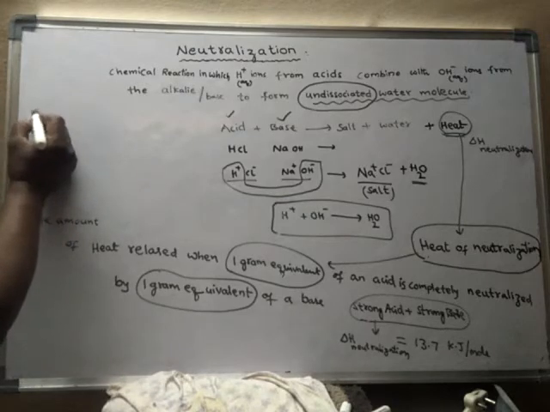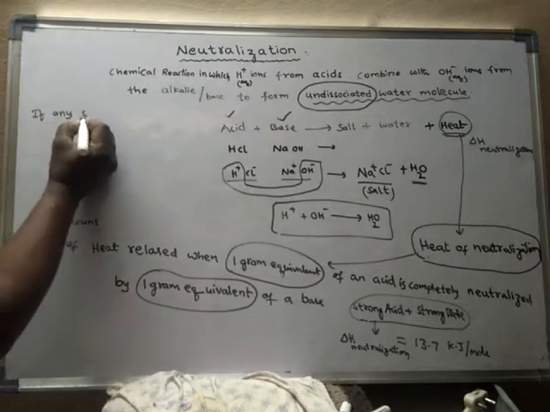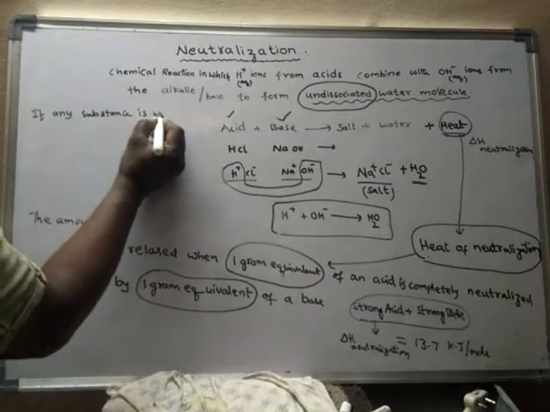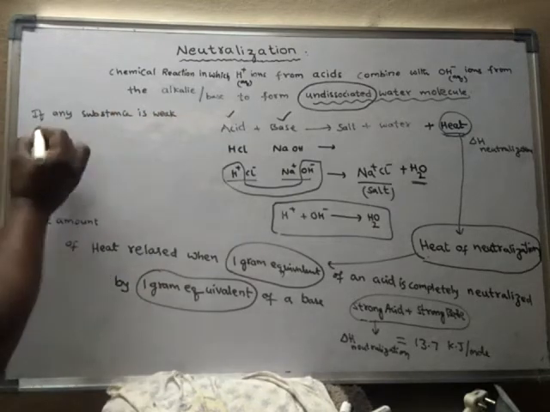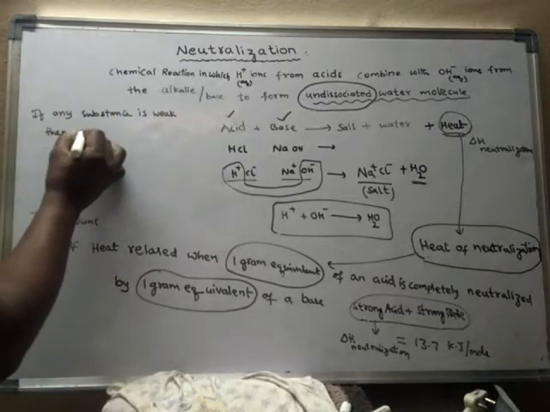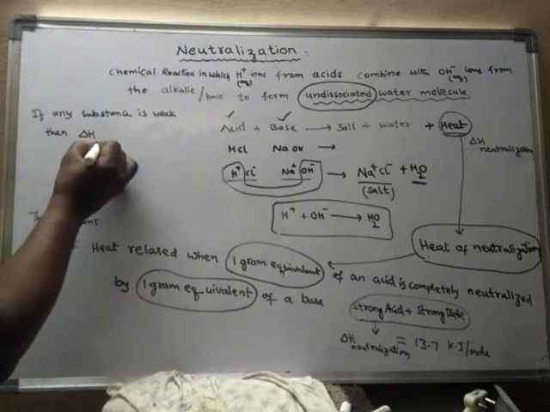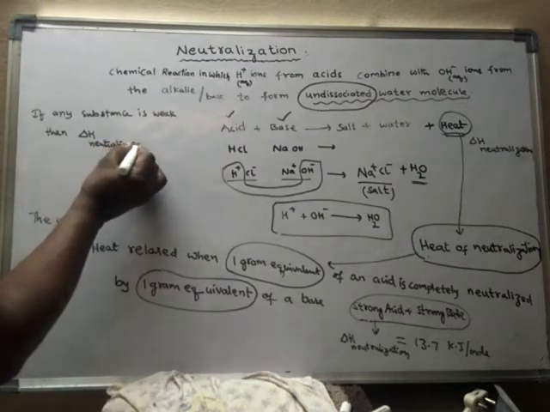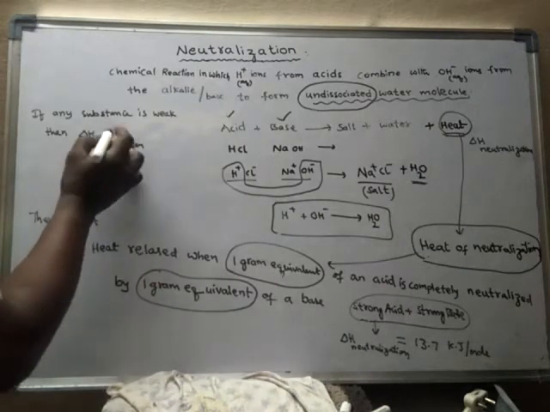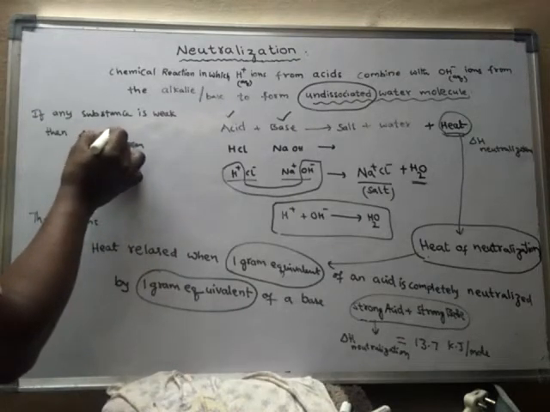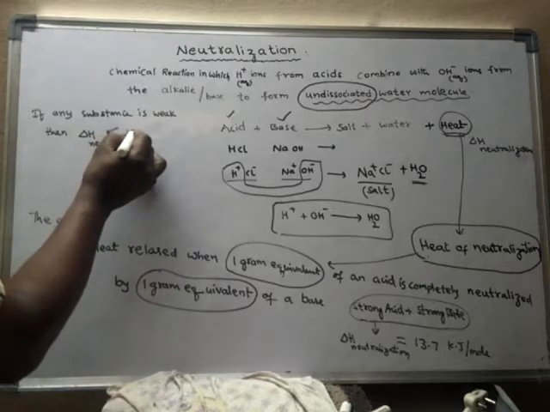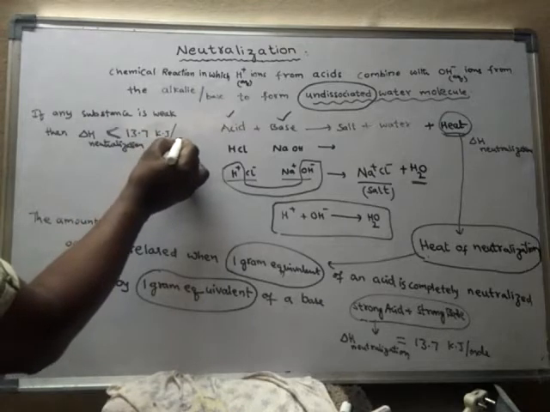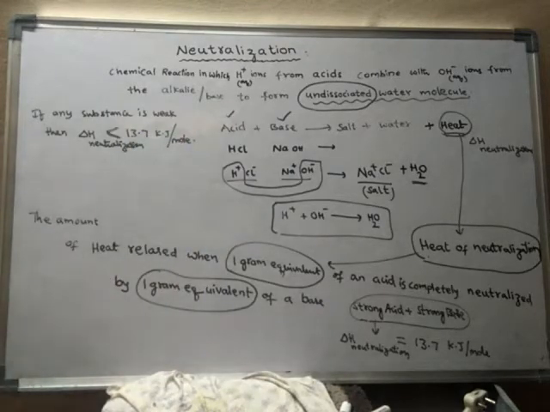If any substance is weak, then the value of heat of neutralization is less than 13.7 kilojoules per mole.